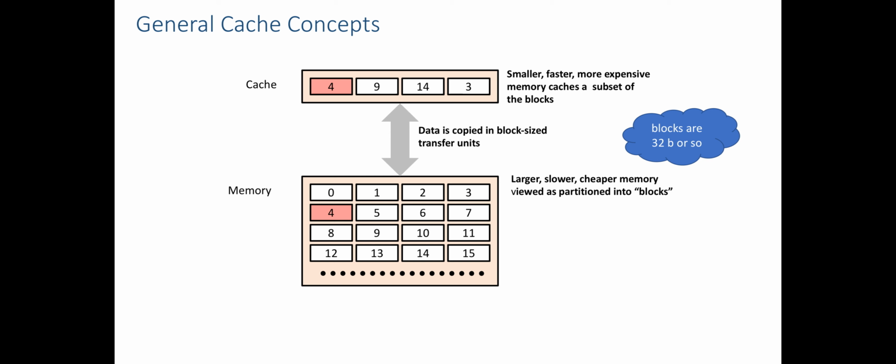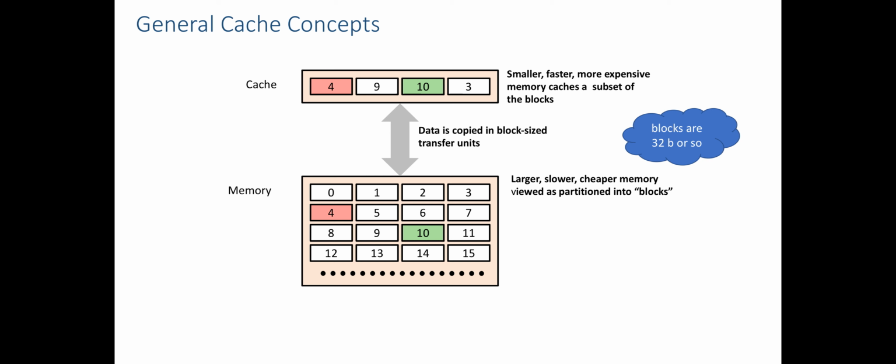Now, your program might also be accessing some data, and that might be at a block a little bit further down here, for example. That then can be requested and then brought up into the cache. And so this is the general idea, that block-sized chunks are moved as opposed to individual data elements from memory.